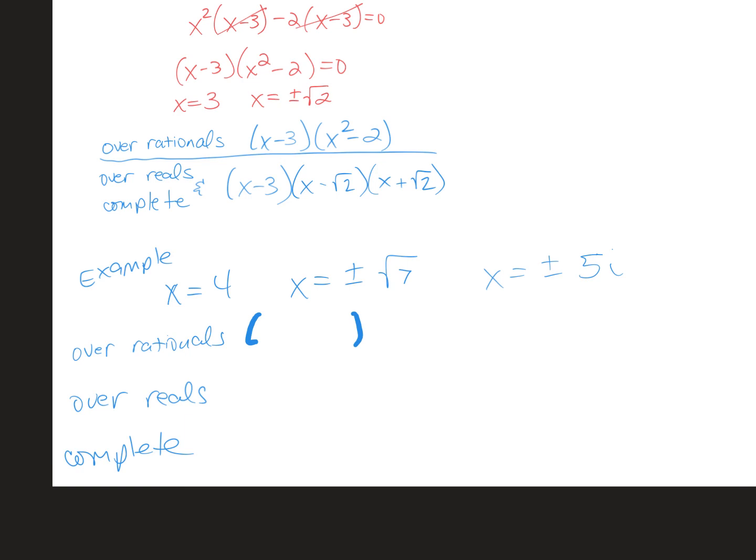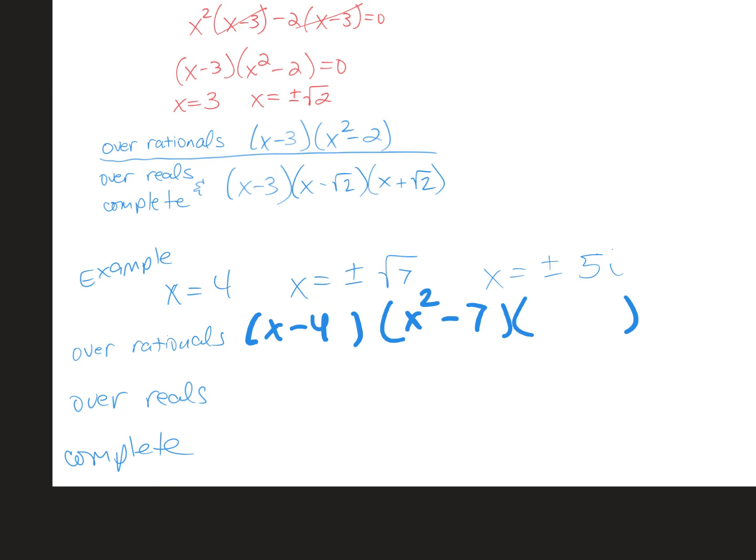This is going to be x what? X minus 4. What do these other 2 parentheses look like? How would I get x equals plus minus root 7? What would the parenthesis have to look like? X squared equals what? X squared minus 7. Good. Remember, if there's a minus in between, when you move it over, that's okay.